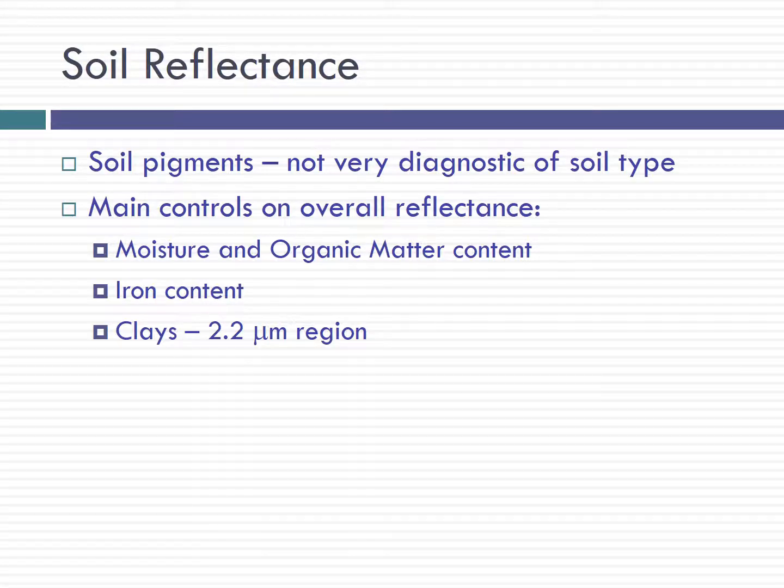Going to talk just a little bit about soil reflectance. First thing, remote sensing data is not really that useful for diagnostic efforts in terms of soil types. Soil in general is drab in color.